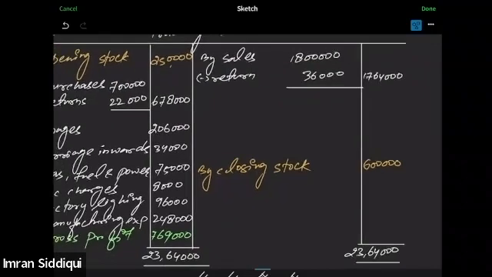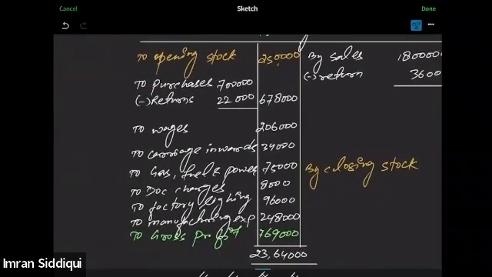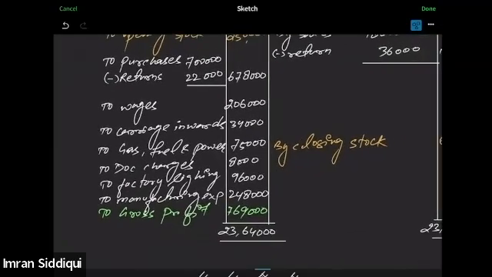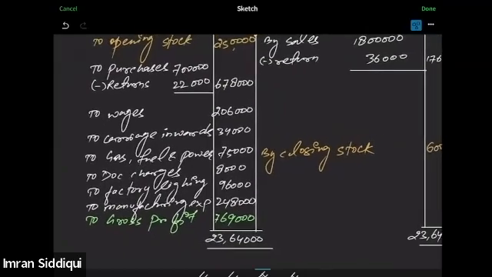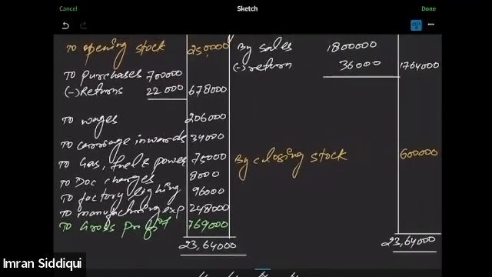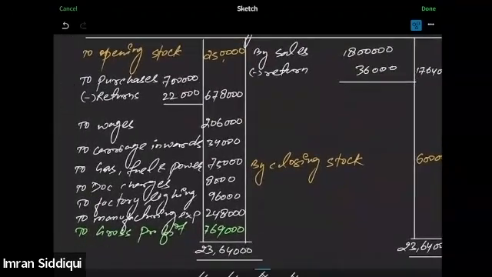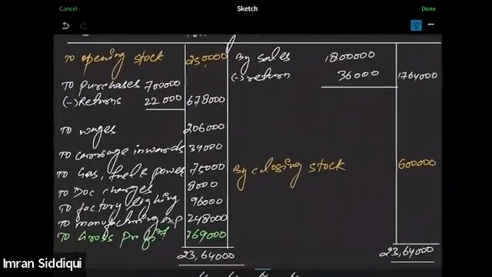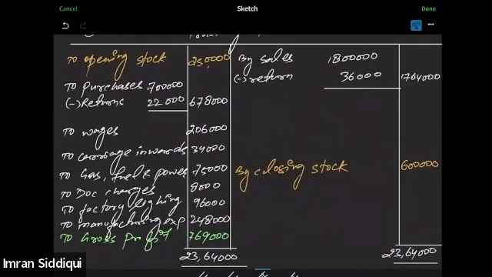And after that, we will subtract all the debit side items one by one. And at the end, we will have a gross profit of 7,69,000. This is the correct solution, everyone, which I'm showing on screen. All of you may look at this, and this is the correct one. You may also take the screenshot. If anyone has any difficulty understanding anything, let me know.